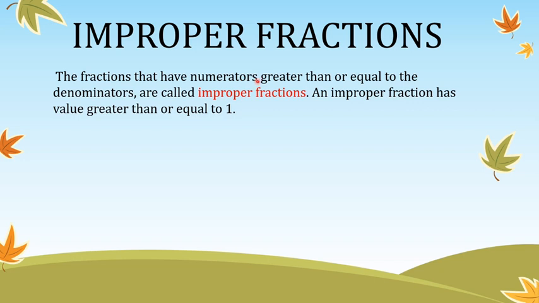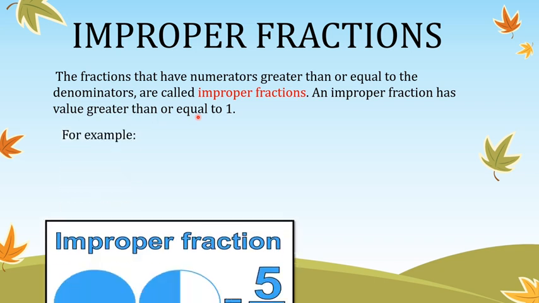There the numerator is smaller than the denominator, but here it is just the opposite. And another point to keep in mind is an improper fraction has value greater than or equal to 1.